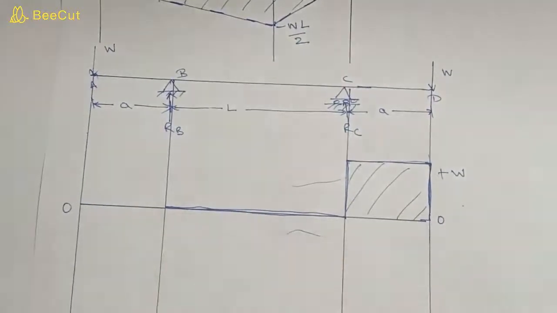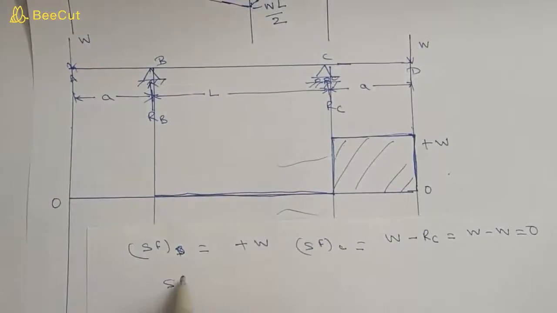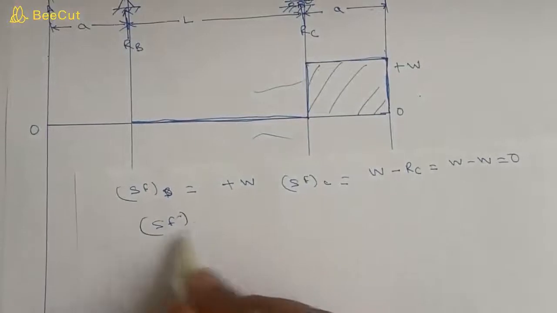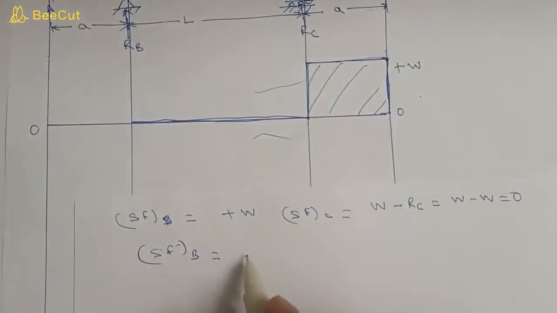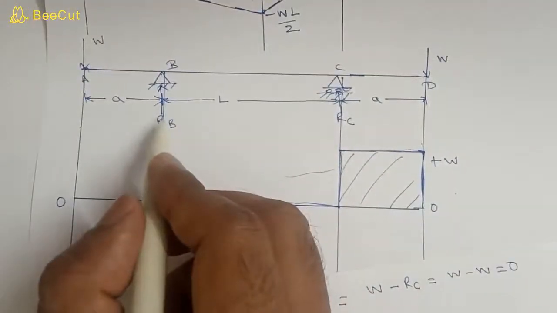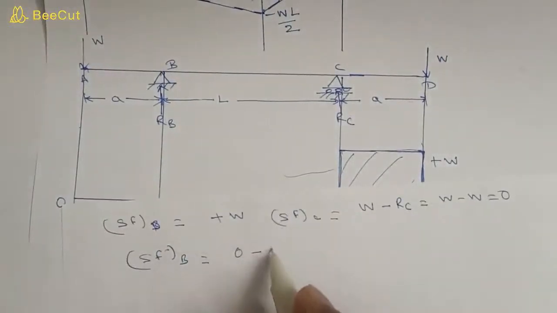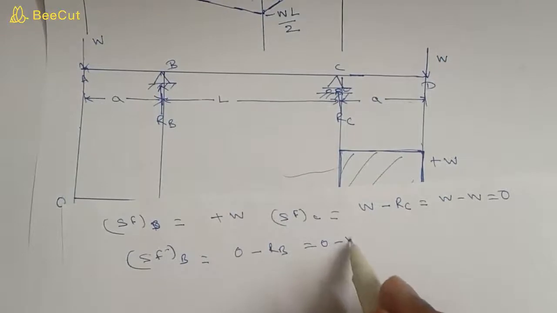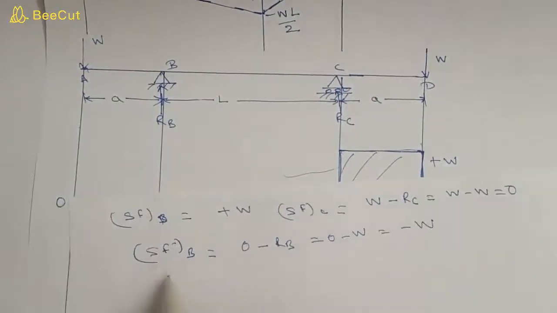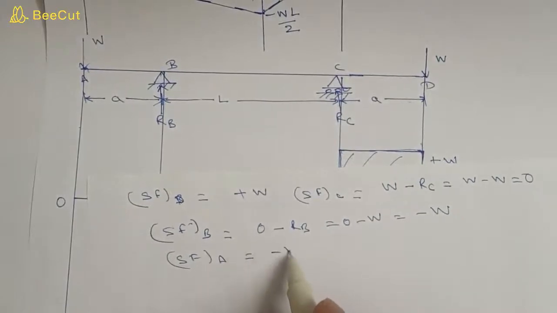Now at the point B, shear force at point B is equal to 0, and this force is negative, so it will become 0 minus RB, so 0 minus W, it will become minus W. And shear force at A is equal to minus W plus W, which is equal to 0.